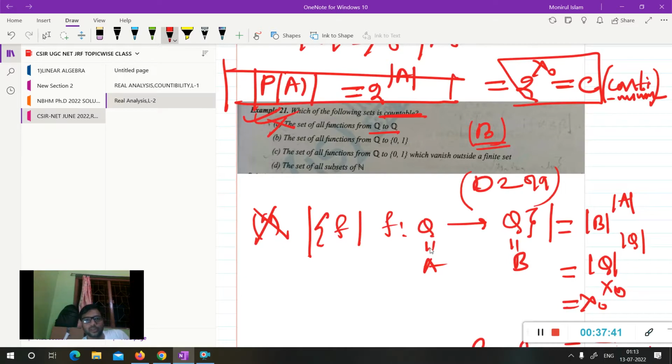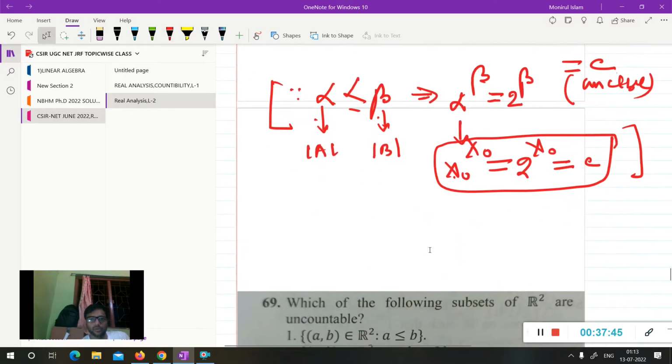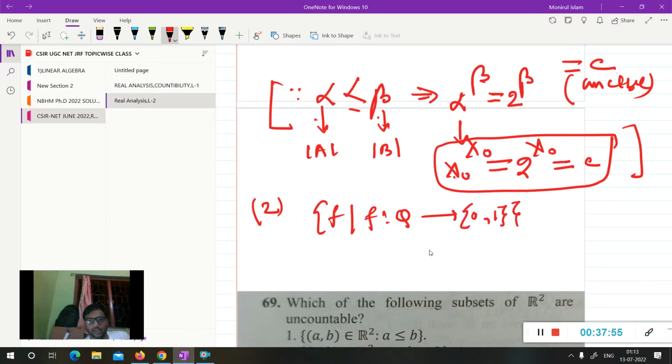Now option 2, the set of all functions from Q to {0, 1}. What is option 2? It is asking the set of all functions, those maps from Q to a 2-point set. So here A is this and B is this.